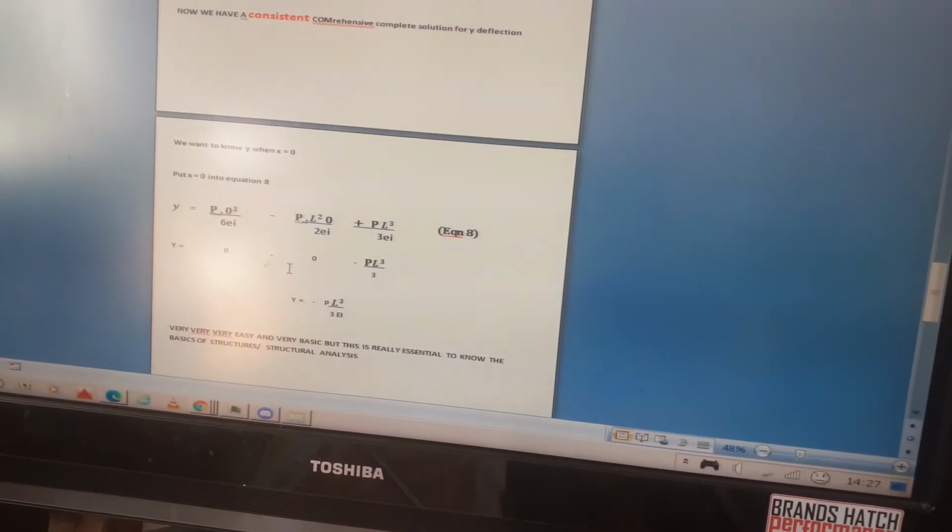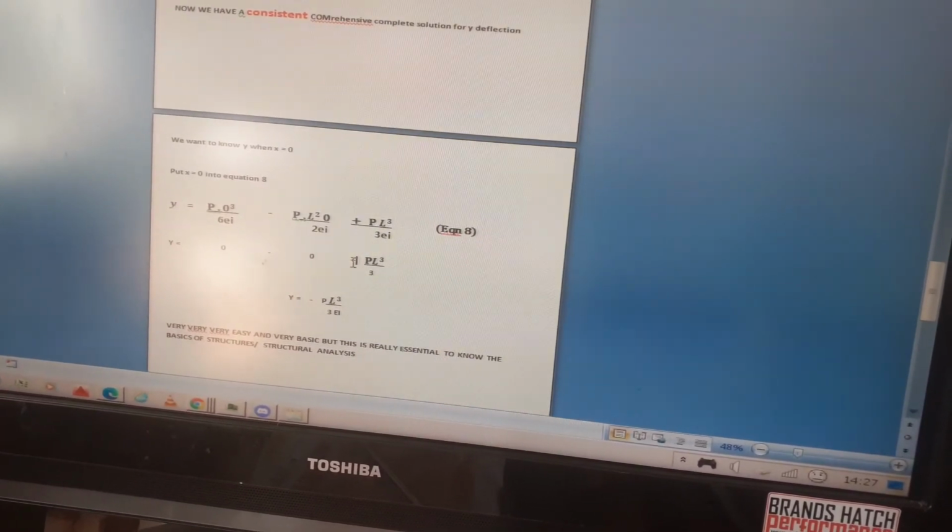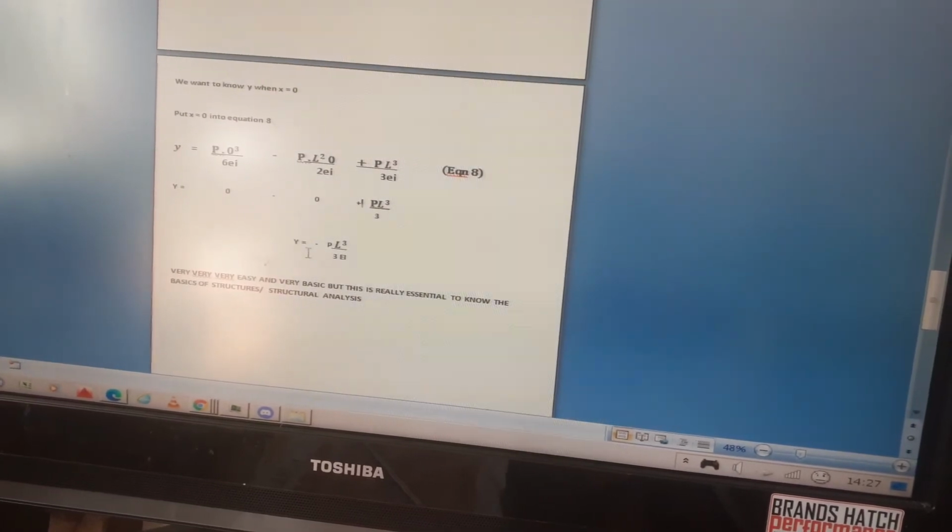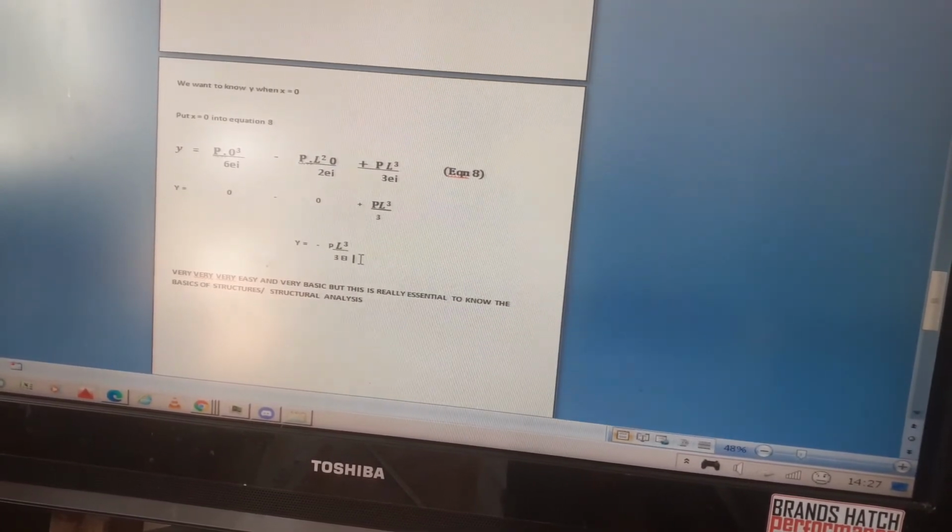So y equals 0 minus 0 plus PL cubed divided by 3. So y equals PL cubed over 3 EI.